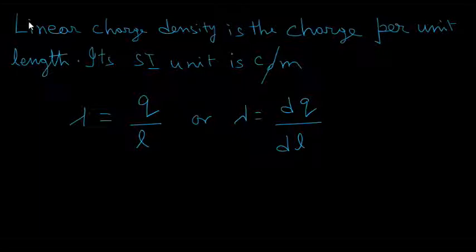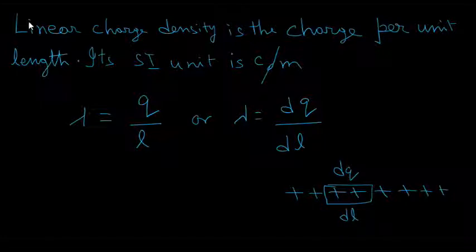So if we consider a linear charge distribution in this way, and let this small portion be dq and the length of this small portion be dl, then lambda is equal to dq upon dl.